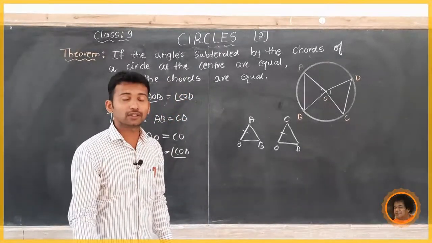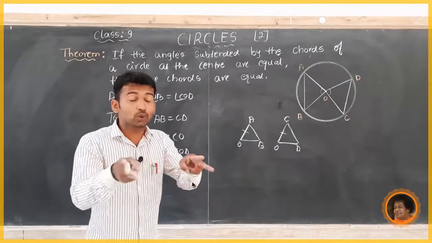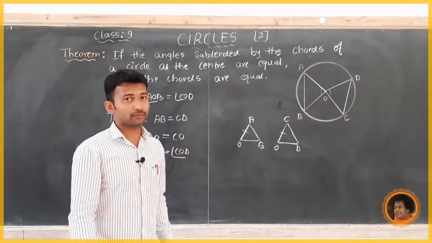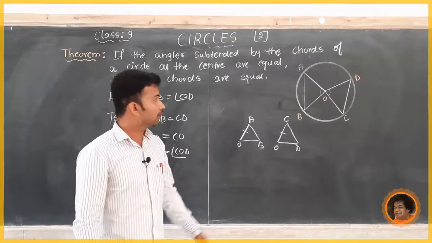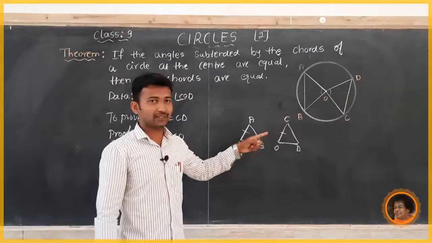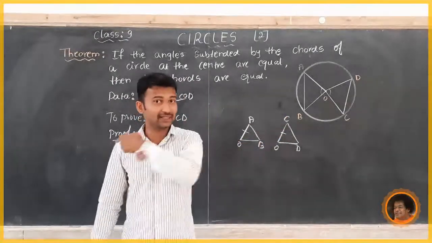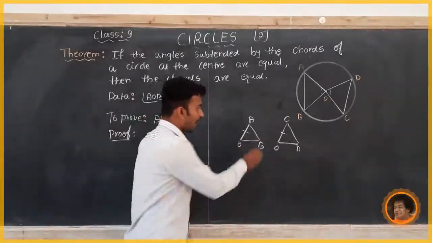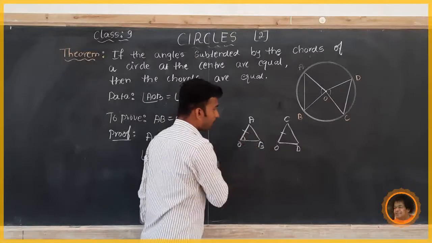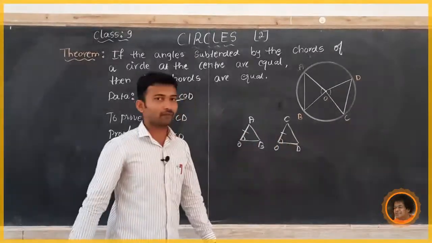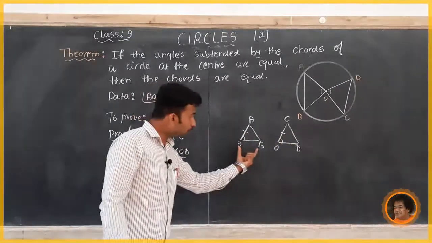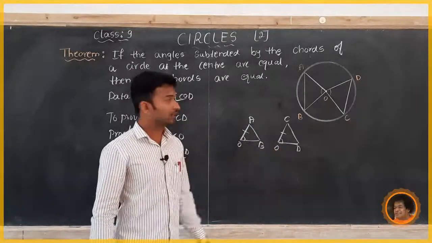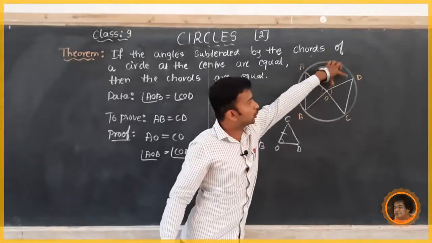We need one more element to show the two triangles are congruent. What is the third element we have to write in this step? What about OB equals OD?